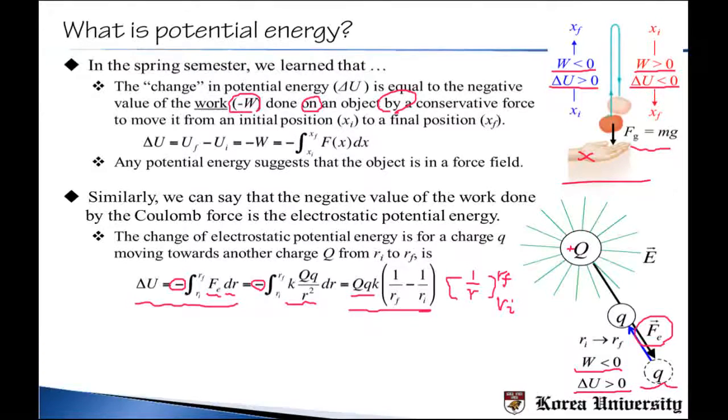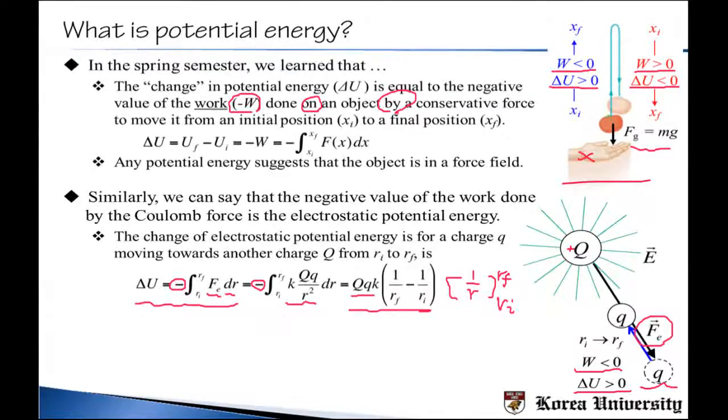In the case of gravitational force, the surface of the Earth is the place where it's convenient to put the potential energy to be zero, right? And similar to that, if you can find a position where we can put the potential energy to be zero, then instead of differences, we can actually talk about the absolute value of the potential energy.